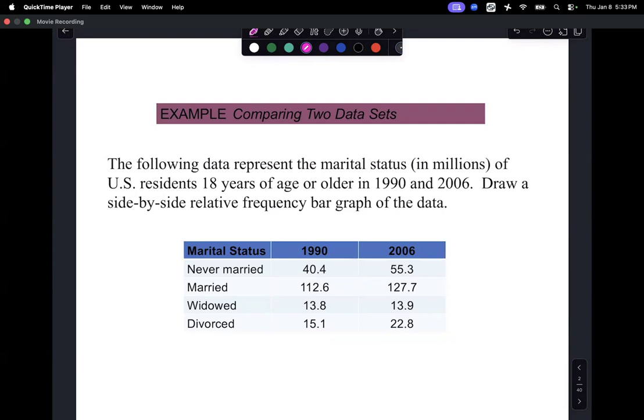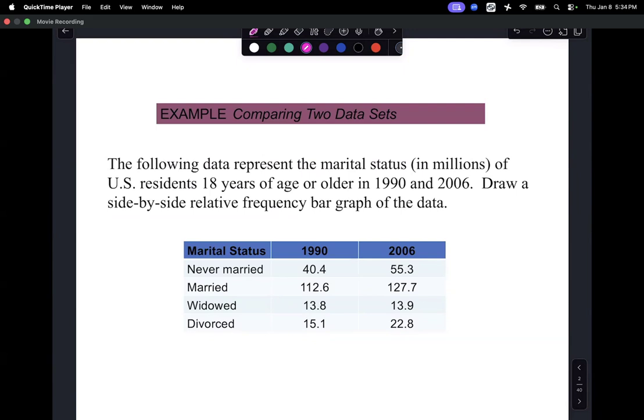If you start looking at the numbers, if we were adding them together, you can see that there are significantly more people in 2006 that were polled than in 1990. So we're not exactly comparing apples to apples here.